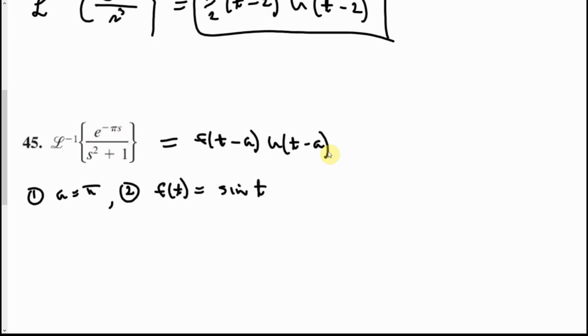This function f is sine t, but when I have t, I'm going to write t minus pi, and then times the unit step of t minus pi. So our answer is sine of t minus pi times the unit step of t minus pi.